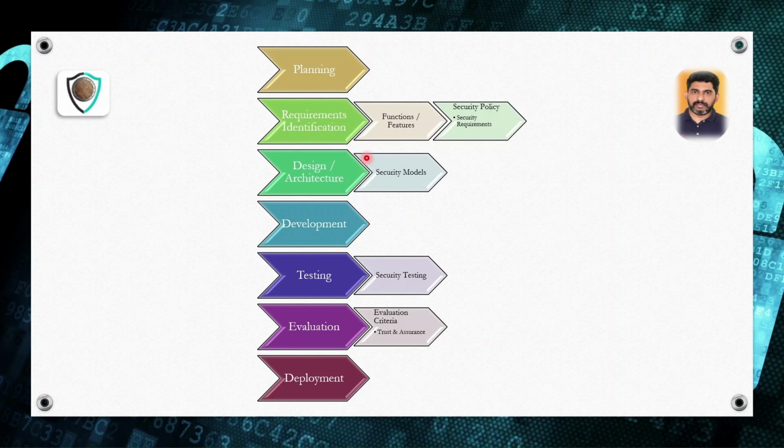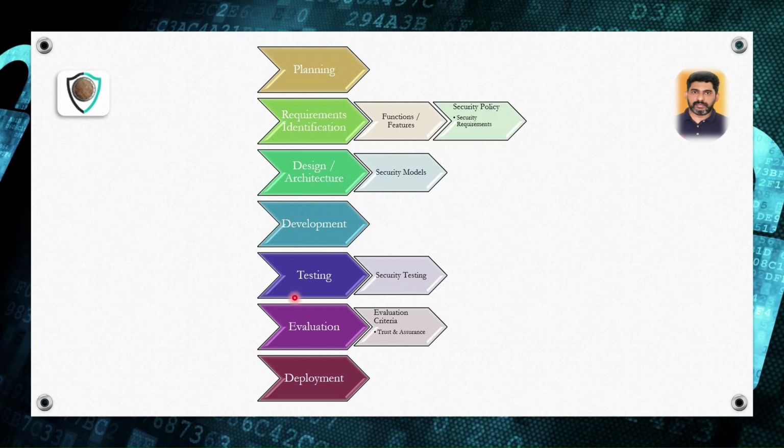We have models for integrity, access control, and conflict of interest. Depending on the kind of security requirement that we have, we can choose appropriate security models during the design phase. The security models that we have chosen, that is the mathematical and analytical models, will be implemented into the system or software during the development phase.